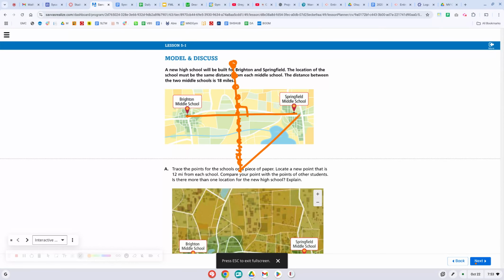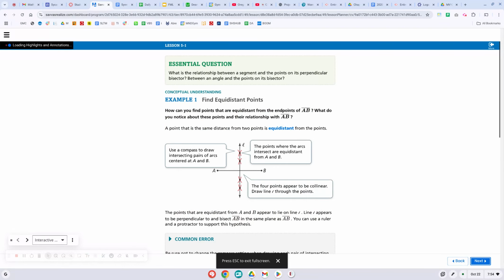And those points will be equidistant from both schools. So, this is kind of a review of what we did. How can you find points that are equidistant from the endpoints? You have to construct the perpendicular bisector.